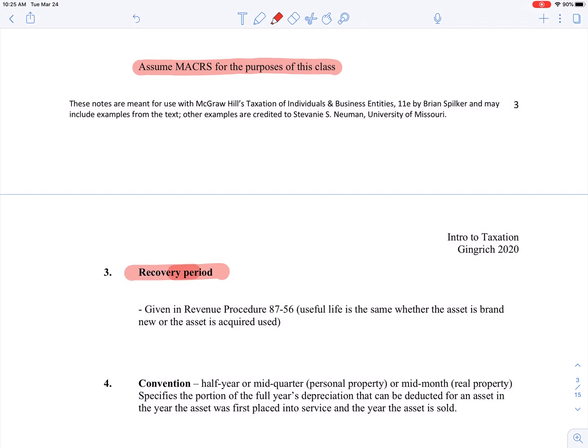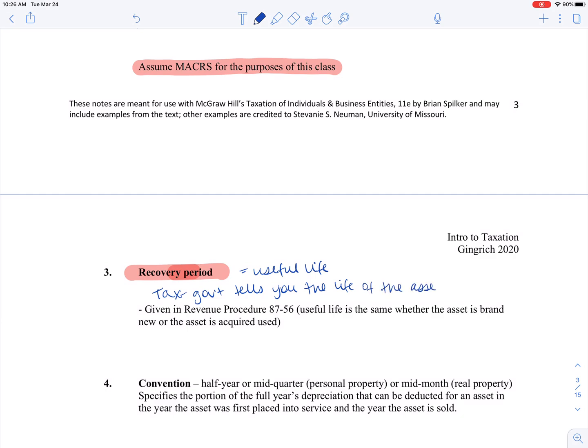All right, so I always tease that you don't really need to know this for my class. When you get to the CPA exam, you do need to know typical recovery periods for certain types of assets. Typically, you've heard useful life is what we've called this up until this point. What's different is in tax, the government tells you what the useful life is.